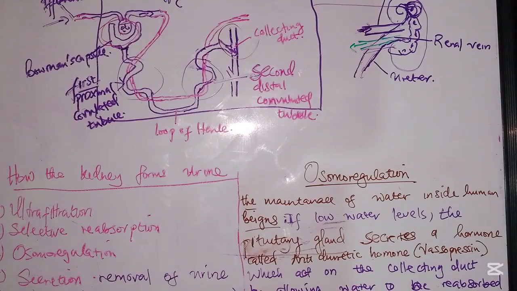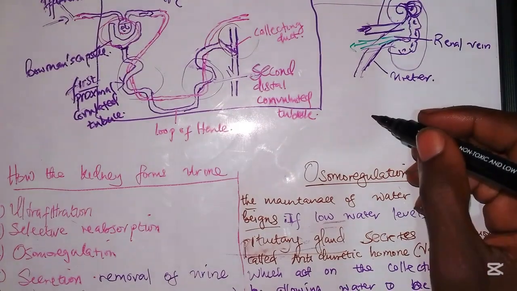So in the next video on excretion, it will basically be the revision video where we'll solve questions on excretion, and we will also look at how we can answer essay questions on excretion, and some disorders which can happen to the kidney and how you can treat them.